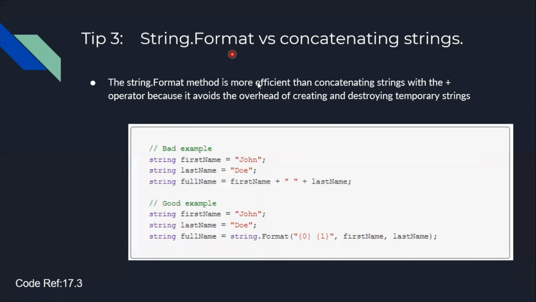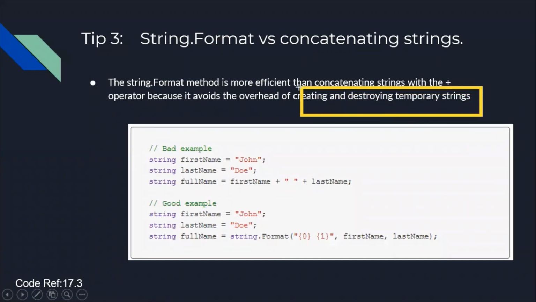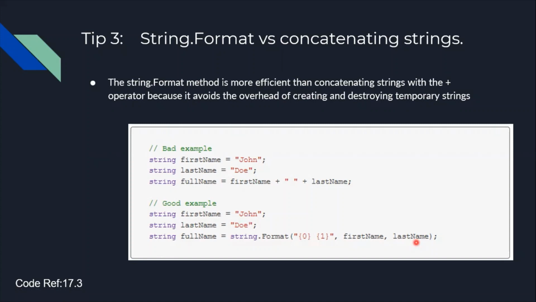The bad example here: string firstName John, string lastName, then string fullName equals firstName plus a space plus lastName. But the good example, here we can find the same first name and last name, using string.Format and adding index 0 and index 1 for first name and last name. So please, when you try to concatenate strings, try to use string.Format.